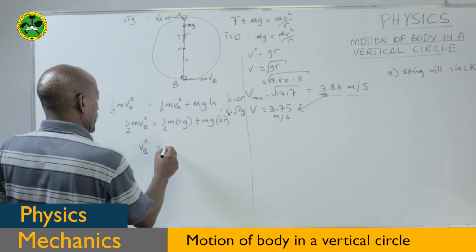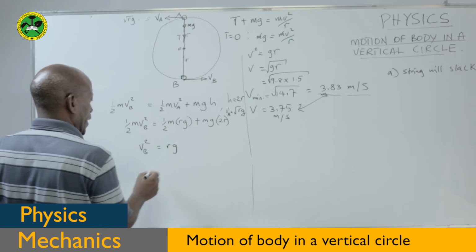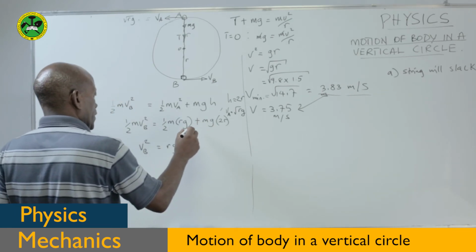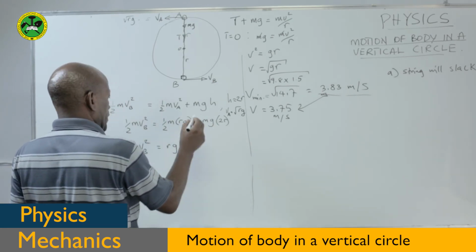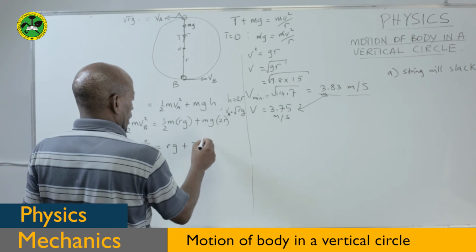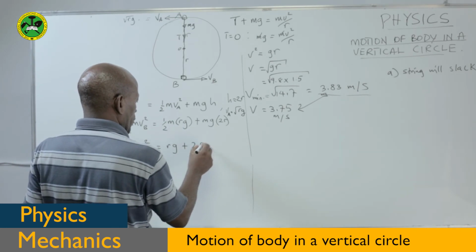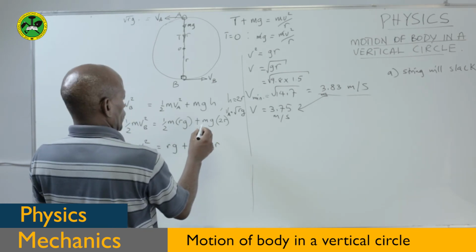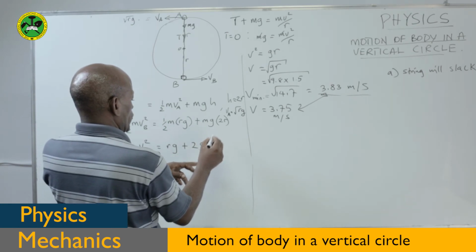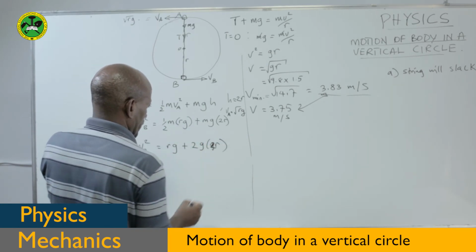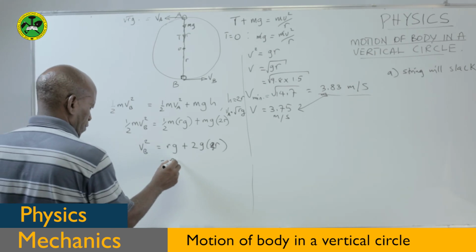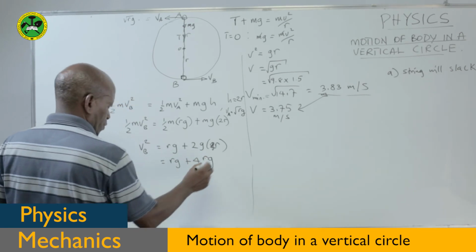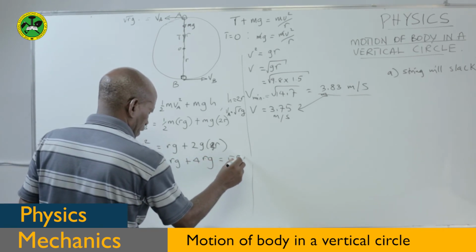So I'm just going to remain with rg, and here the m goes, but the 2 will be there because we're multiplying by 2, so it will be 2 times g times 2r. And if written in a very good way, we're just going to have rg plus 4rg, which is equal to 5rg.